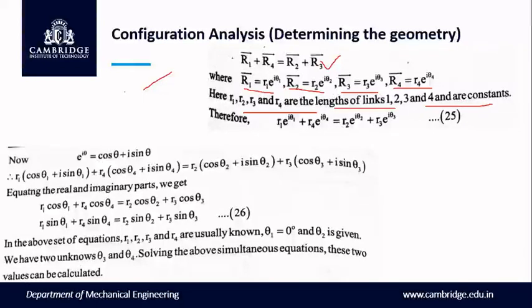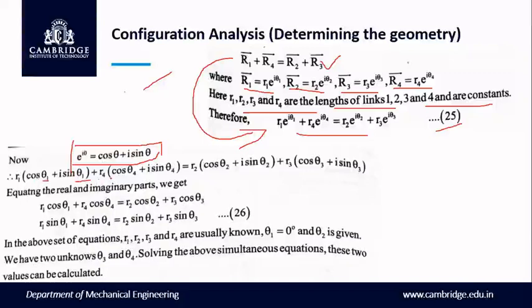On substituting into the loop closure equation, we get equation number 25. We know that e to the power of i theta is equal to cos theta plus i sin theta. Substituting this formula in all the terms, we replace the e to the power of i theta terms by the corresponding theta angles.